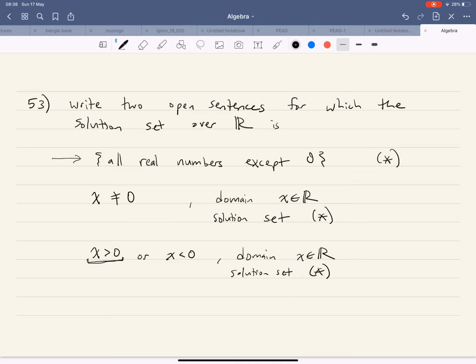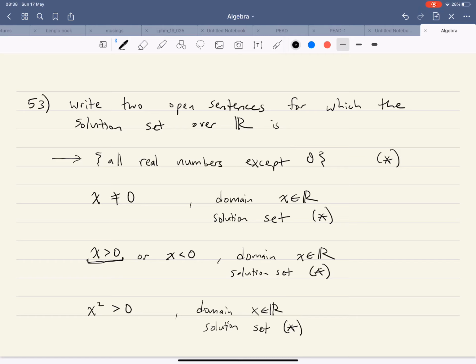So I could say x squared is greater than 0. With my domain, again, x is a real number, and again, I get the solution set as star. Now this one's really cool because I can just do it with one inequality, right?